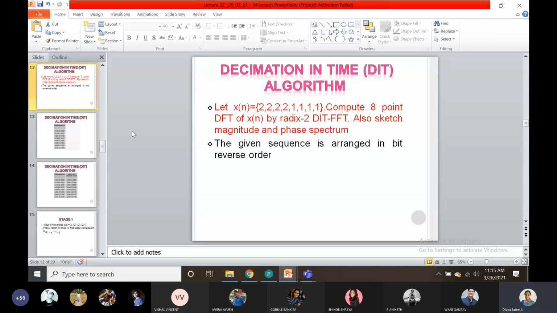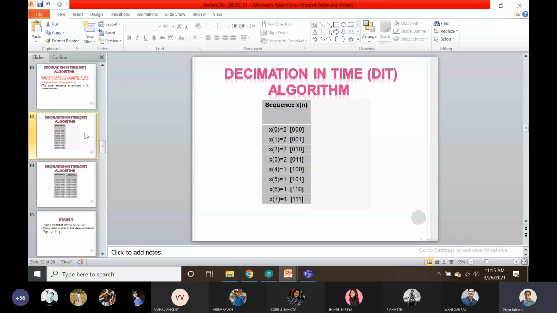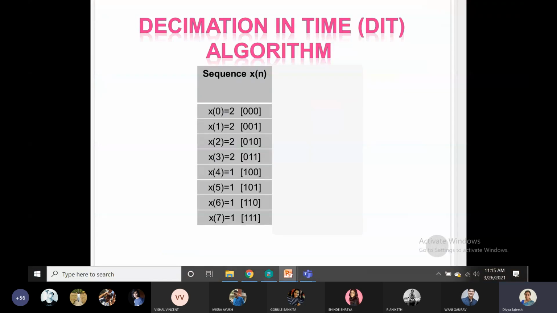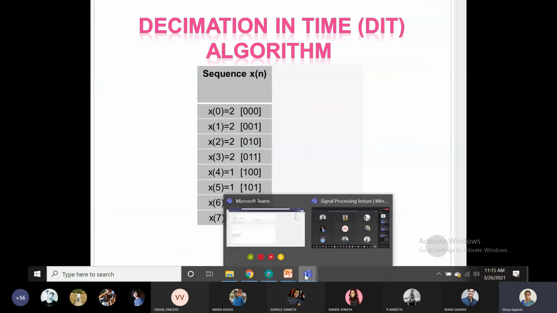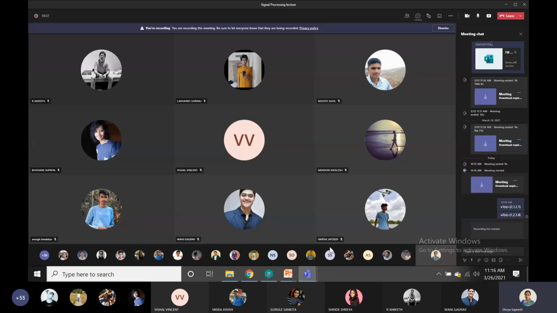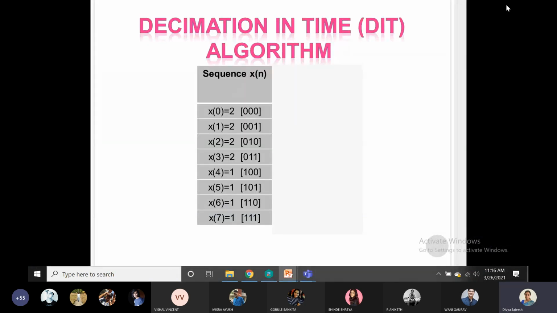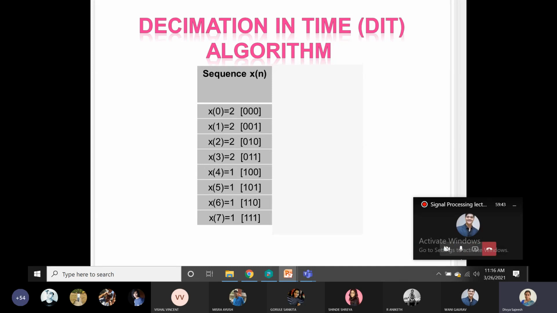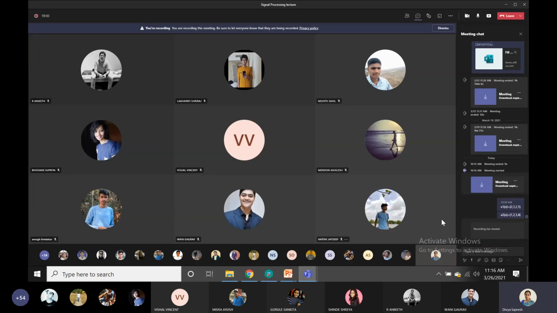So here the first step is, are you able to follow this? What I am teaching, are you able to follow? Sriraj? Sriraj, are you able to follow? Supriya?